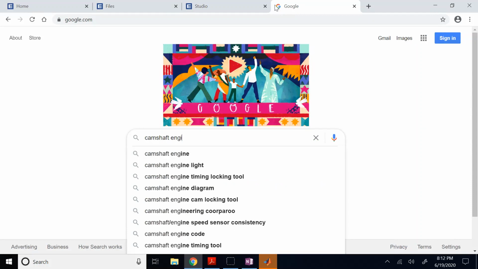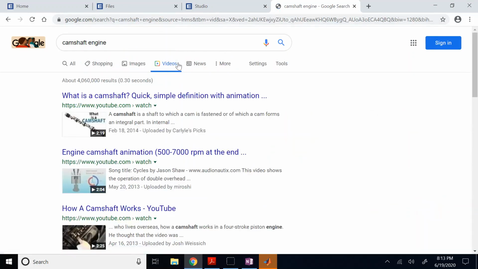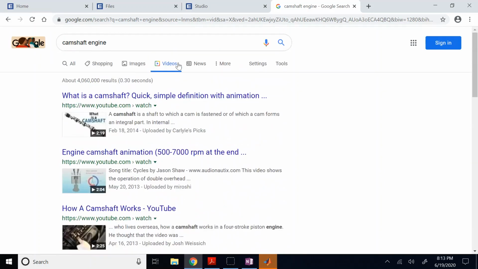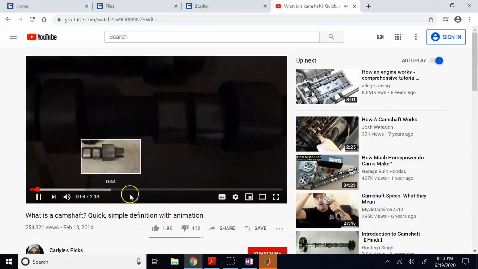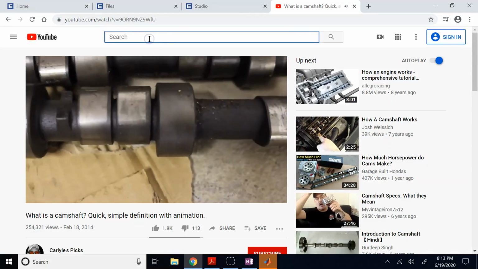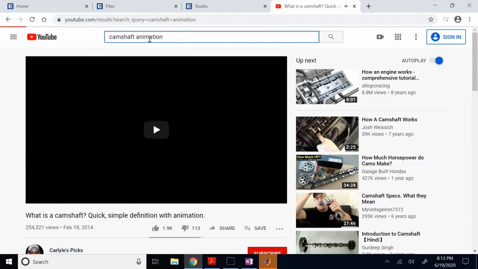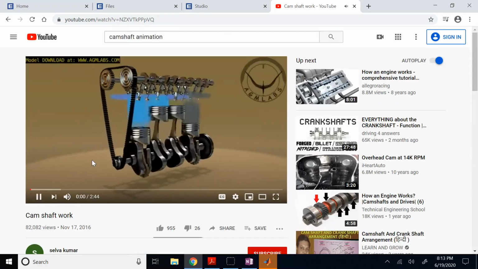Camshaft engine. So let's look at an animation, if I can find a good animation. That would be camshaft work, maybe this one. Yes.